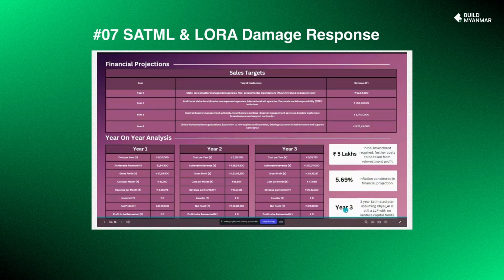In a 3-year plan, we will be profitable enough to cover not just Myanmar, India, and South Asia, but to expand globally too. This project isn't just charity; it is a way to reinvest the profit and provide this help to more and more people. So this was our whole project. Thank you.